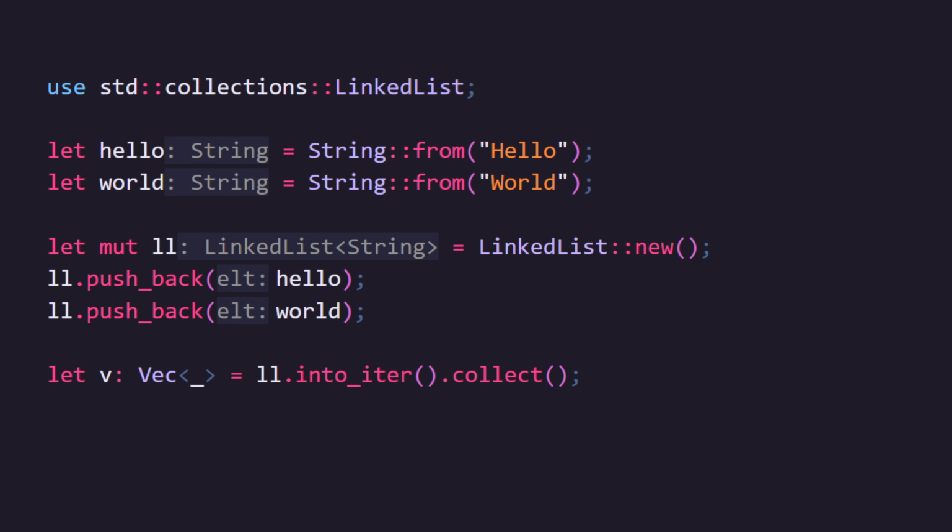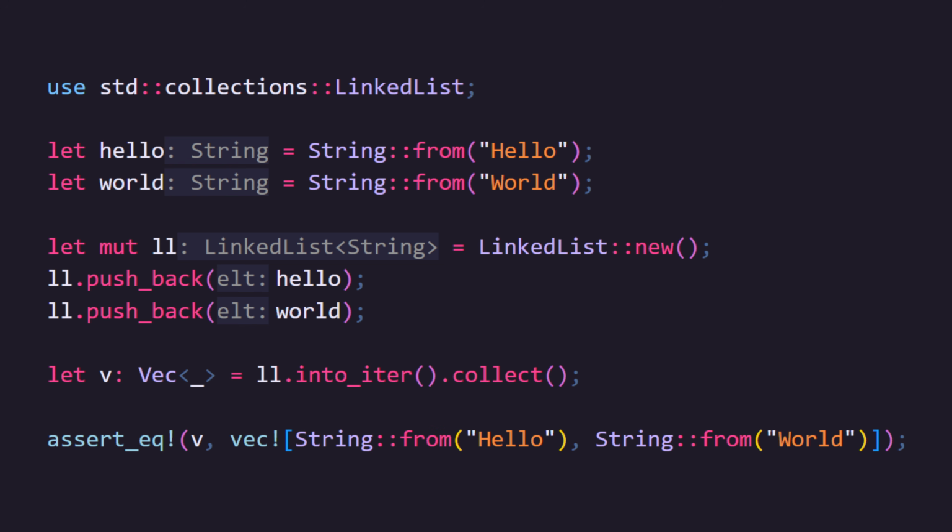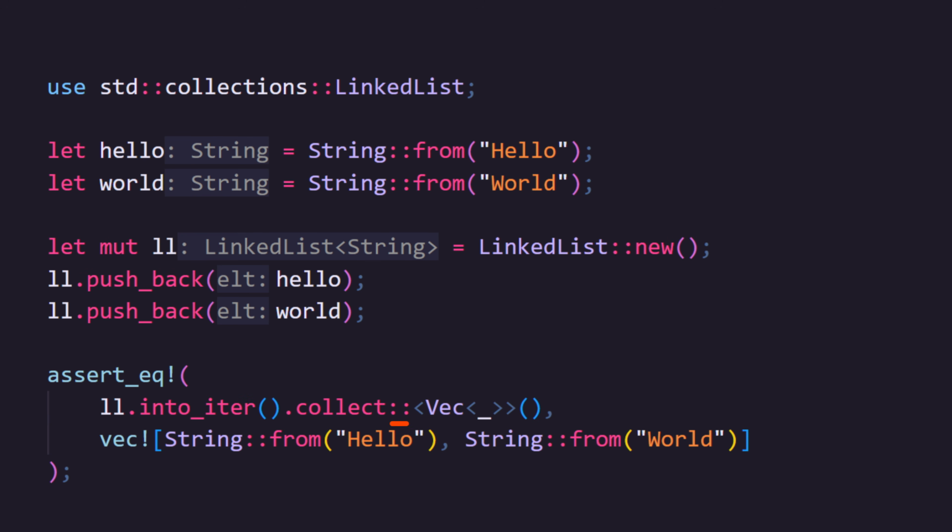Then we'll collect that iterator into a vector. Because v is explicitly typed, Rust knows to use the FromIterator implementation for vector when calling collect. In this example, we've created a variable basically just to provide type information though. You can skip this step by using the turbofish operator, which looks like this.